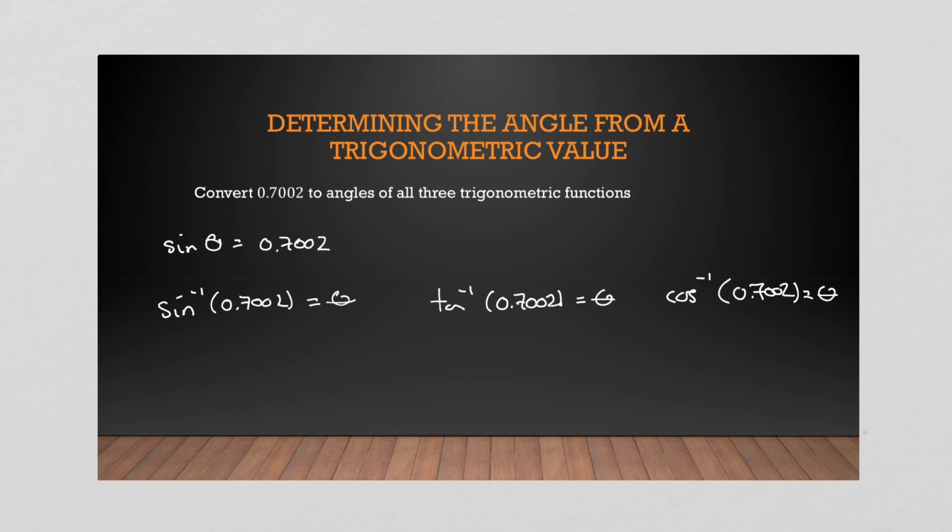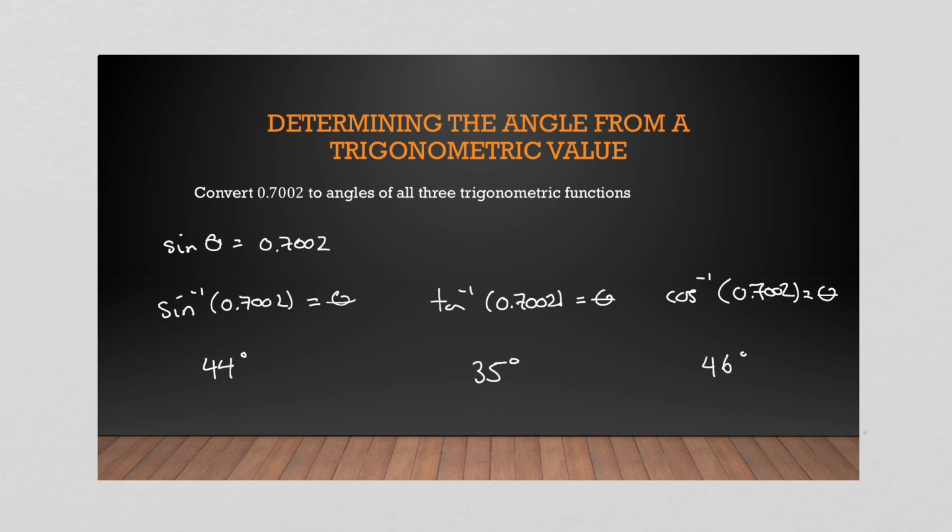So sine first, and you should arrive at 44.4 degrees. So I will just round to 44 in this case. Tangent, you should get 34.9999, so we'll round to 35 degrees. And for cosine, you should get 45.55 degrees, so we will say 46 degrees.